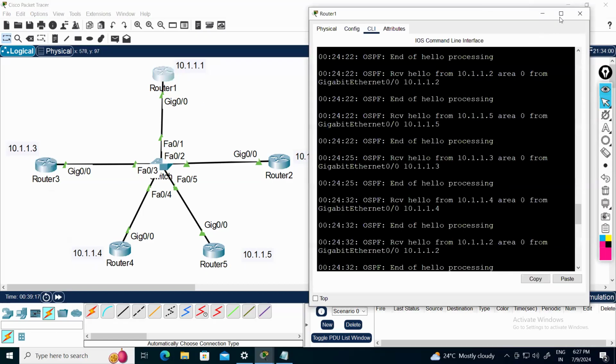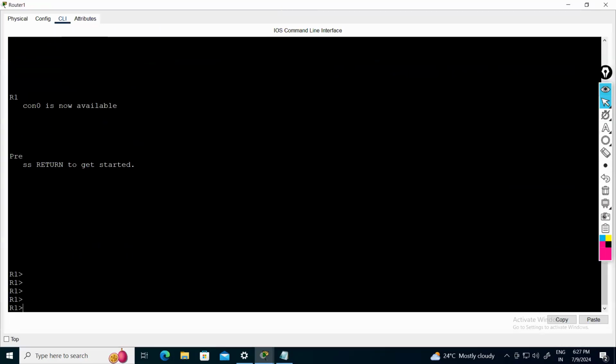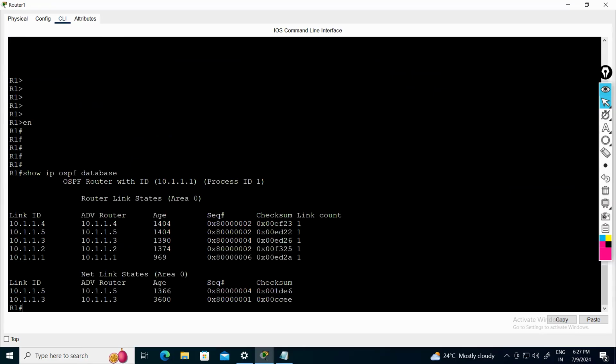Let's go on R1 and check. Enable, show IP OSPF database. Wait a minute.